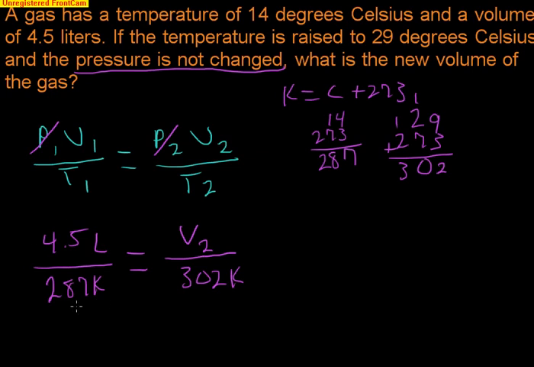Now that we've got this, the next thing we do is cross multiply and divide. I'm going to take 287 times V2, which gives me 287 times V2. And then I'm going to take the 302 and multiply that by 4.5, and when I take 302 times 4.5, I get 1,359.